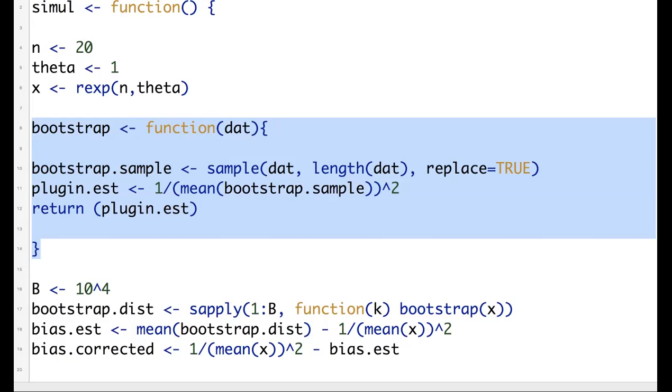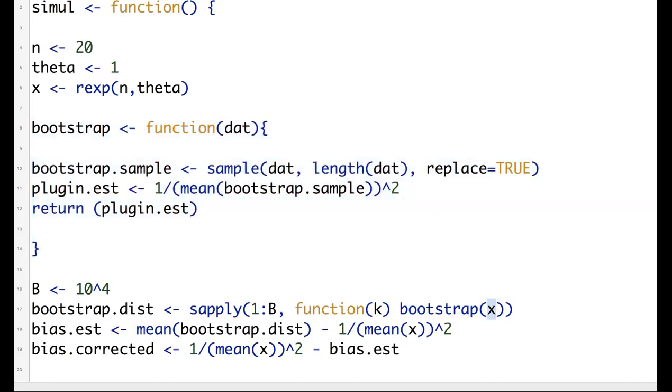So basically here I'm calculating the bootstrap distribution, and here is the bias estimation: take the mean of the bootstrap distribution, subtract the estimate from the data, which is 1 over the mean of X squared. So this is the bias estimation.